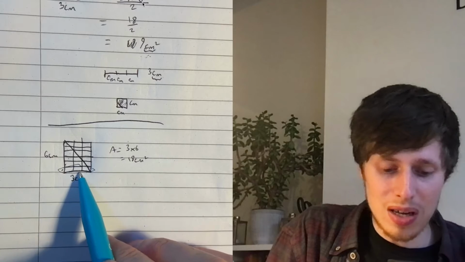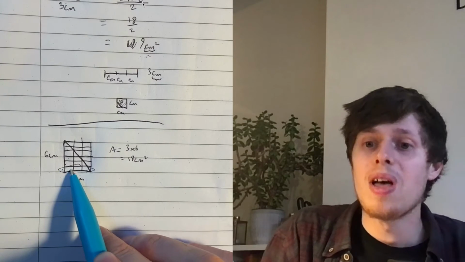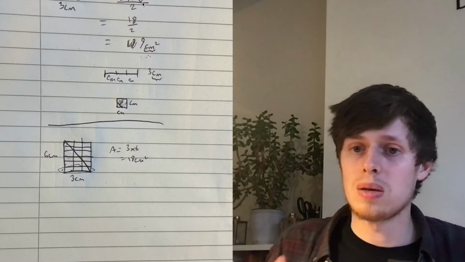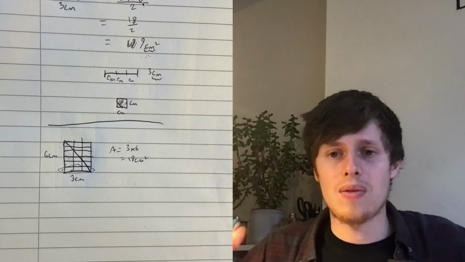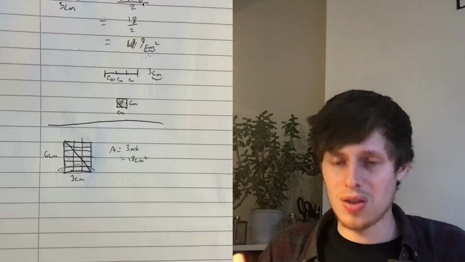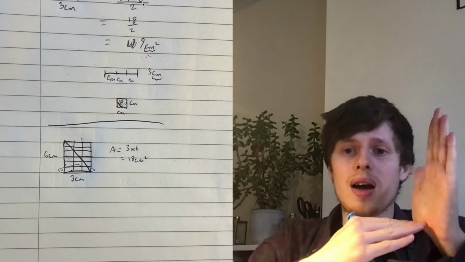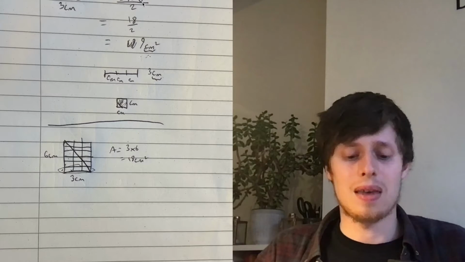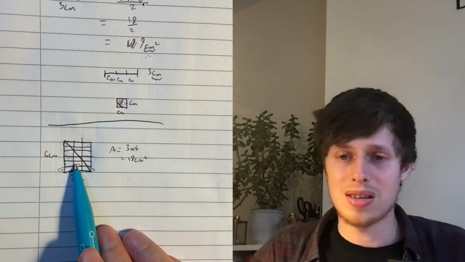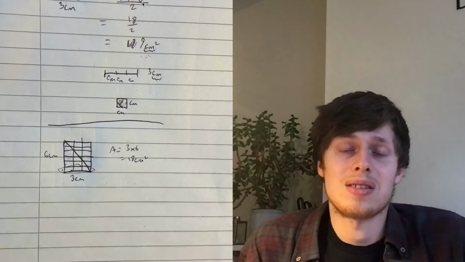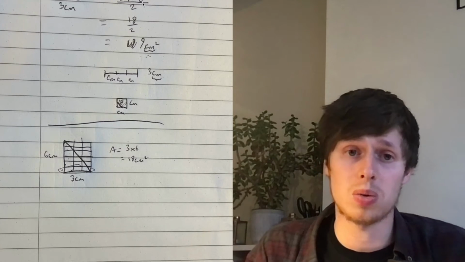So we have 3 times 6 of these squares, but those squares are exactly what we're using to measure how much space, how much area, we have inside that shape. So that's why it works to multiply the length by the height in a rectangle. That's the same thing as counting how many of those centimeter squares are inside.